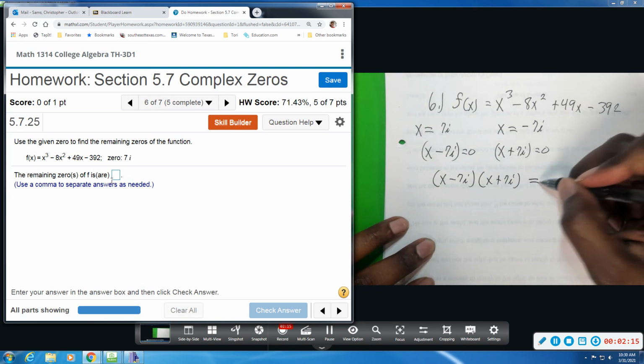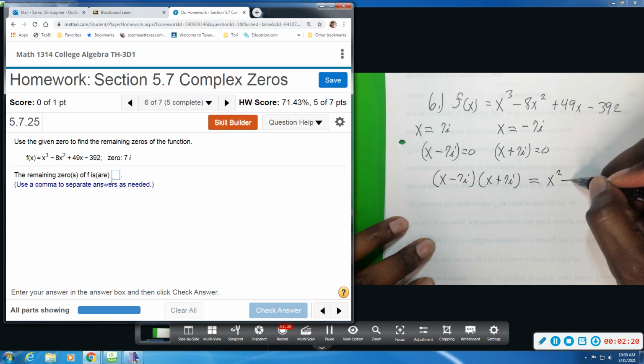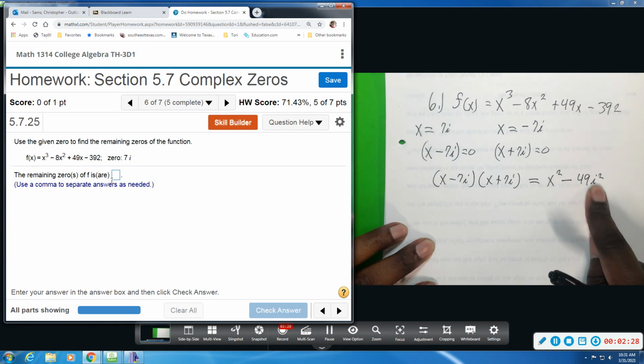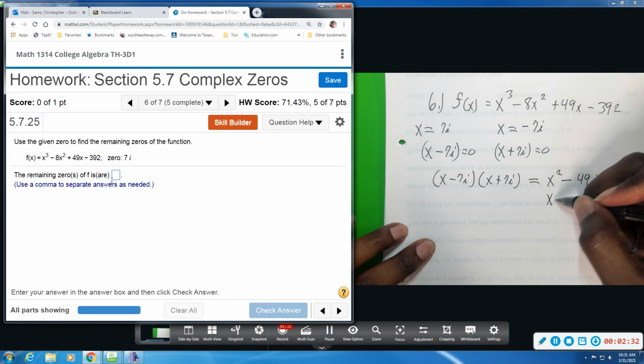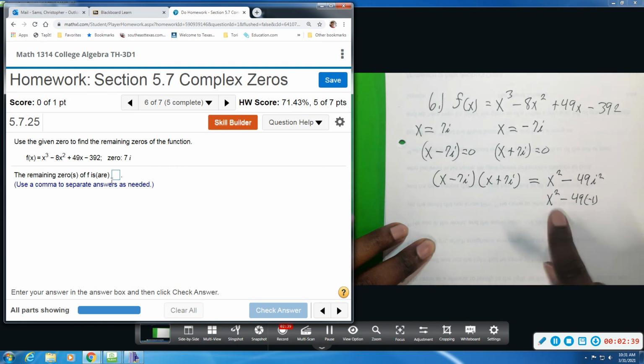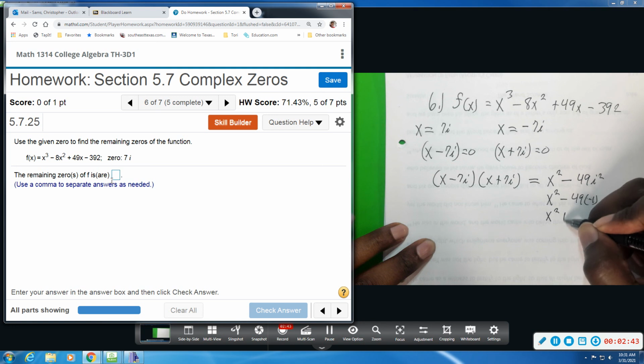And this turns into x squared minus 49i squared. Recall that i squared is equal to negative 1. So we get x squared minus 49 times negative 1. And this will simplify to x squared plus 49.